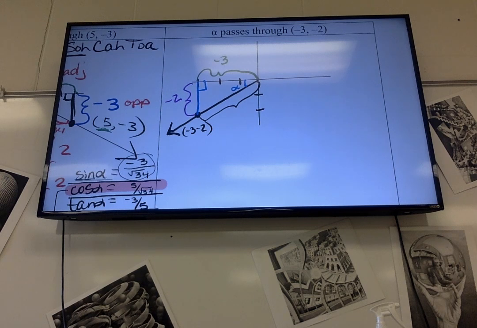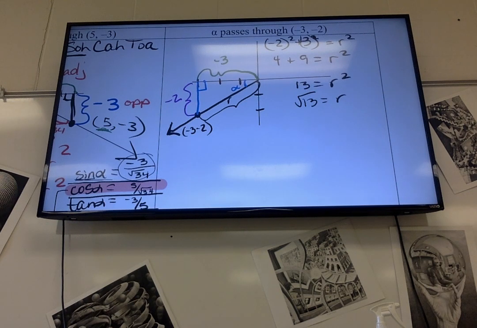So just do Pythagorean theorem. I'll call that R again. So 4 plus 9 is R squared. R is the square root of 13.